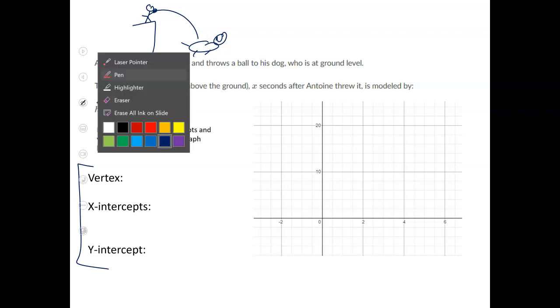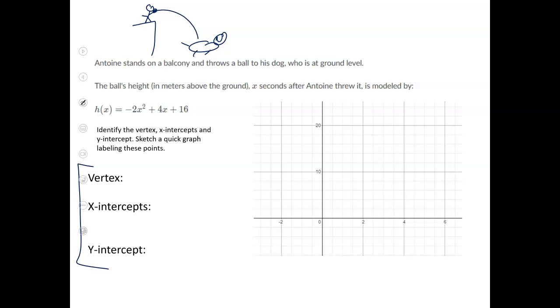Vertex. So negative b over 2a, so negative 4 over 2, okay? So 1. So my vertex starts at 1, there's my axis of symmetry, but I need the y value now.